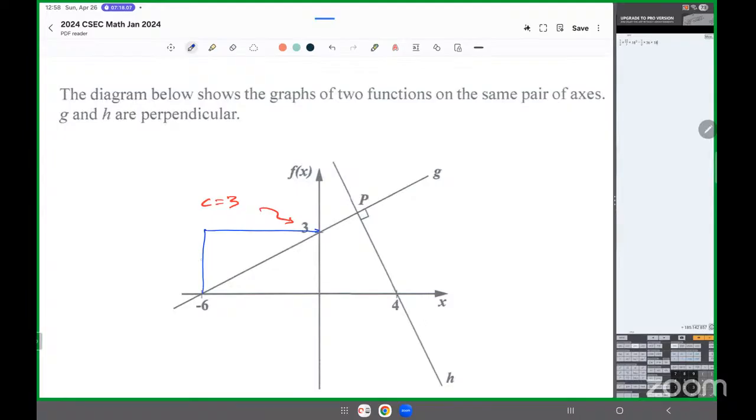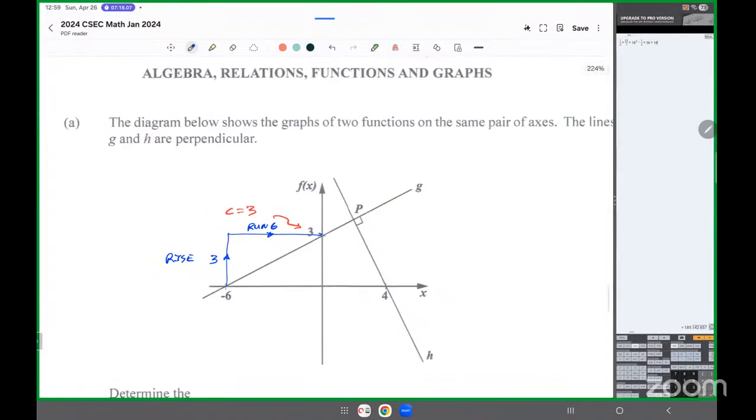So the rise is 3 units. And you run across here, 6 units from -6 to 0. So you run 6. So the gradient of line G is rise over run.